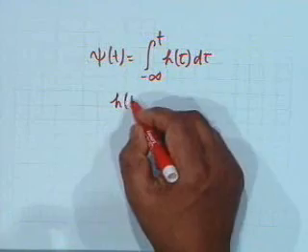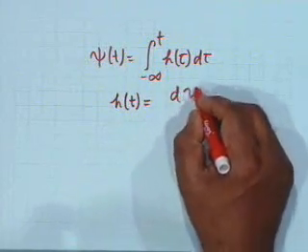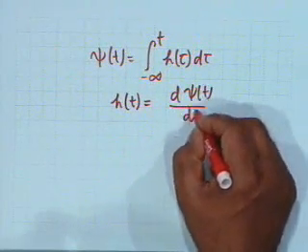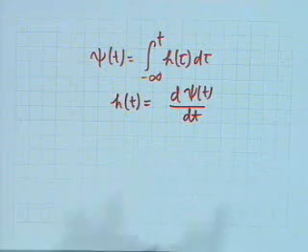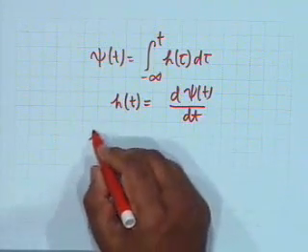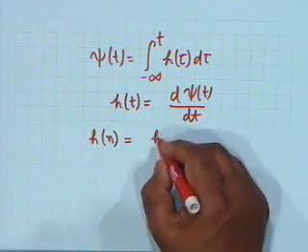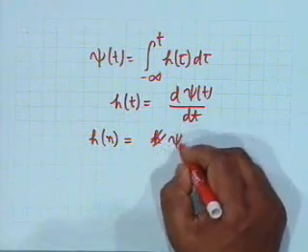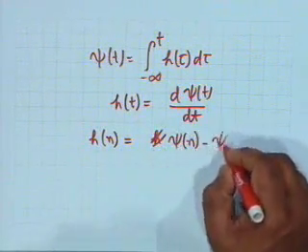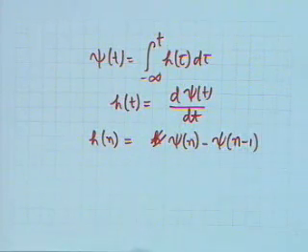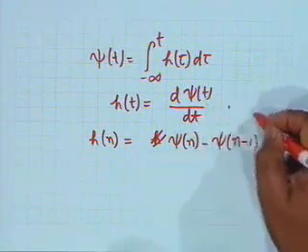Or in a different manner, h of t shall be simply d psi of t by dt. That is, the unit impulse response is simply the differential coefficient of the unit step response. You recall also the discrete time relationship, that is, h of n is psi of n minus psi of n minus 1. Do you see the analogy between these two relationships?